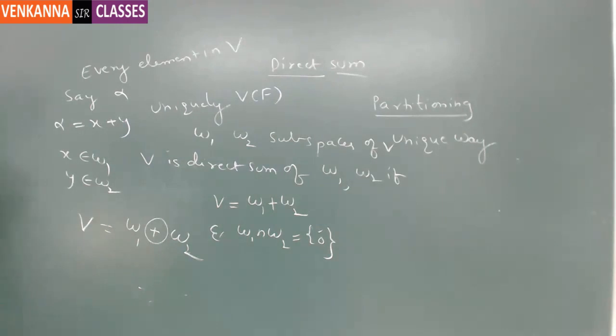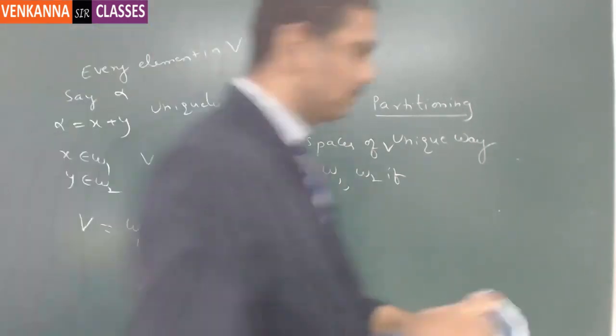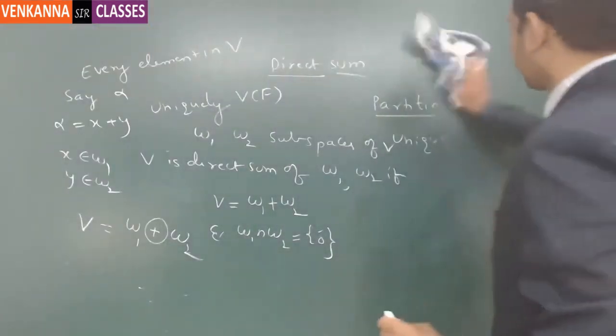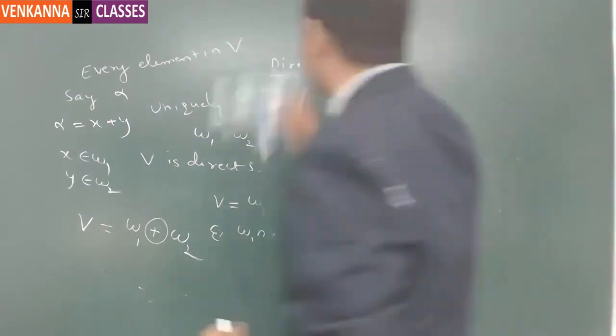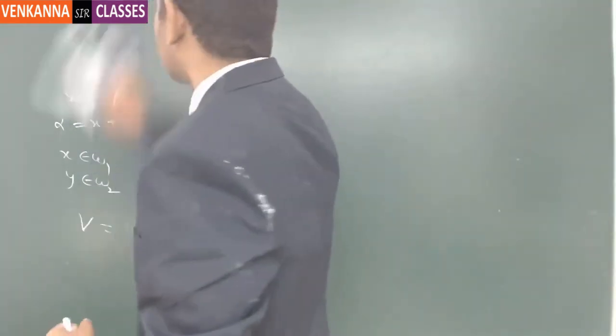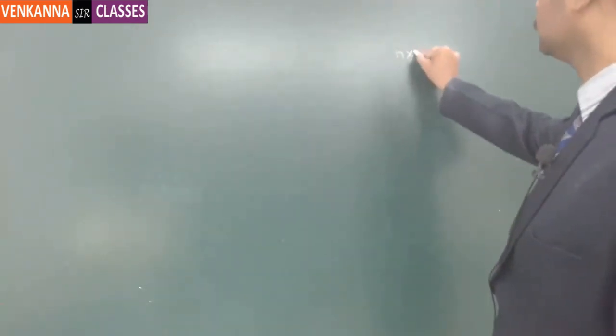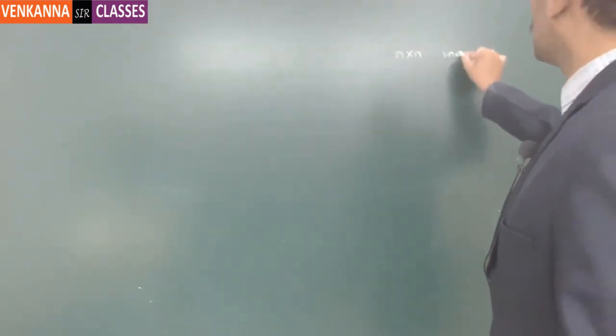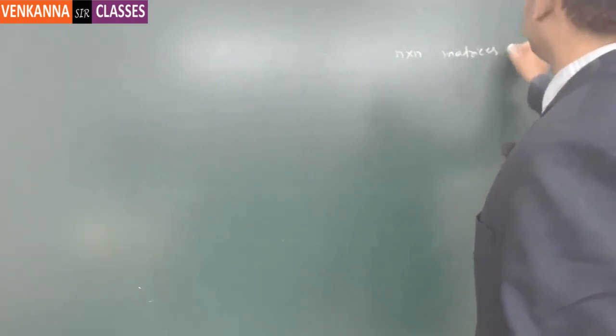Now if you want a small example, suppose you have considered all the square matrices of order n over the real number system.